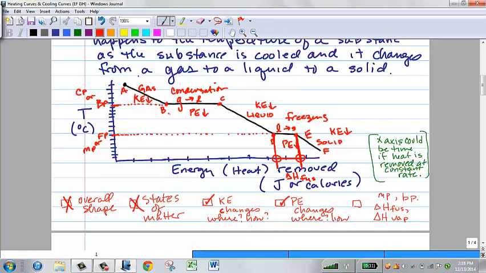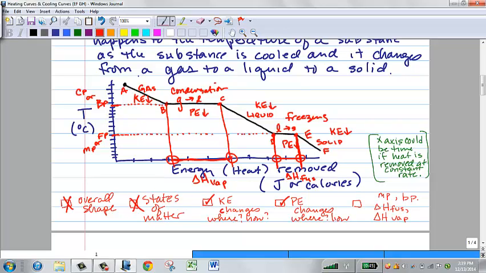And heat of vaporization, well, that's the opposite, or that's the amount of energy required to boil something. So here, it's the amount of energy that I have to remove to condense something. So the difference between this point and this point, this distance here, is the heat of vaporization.